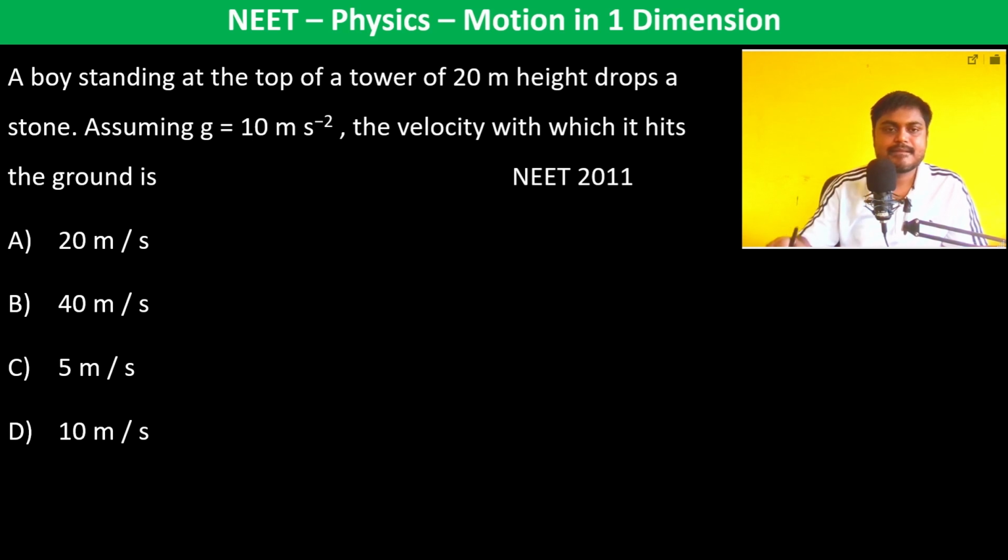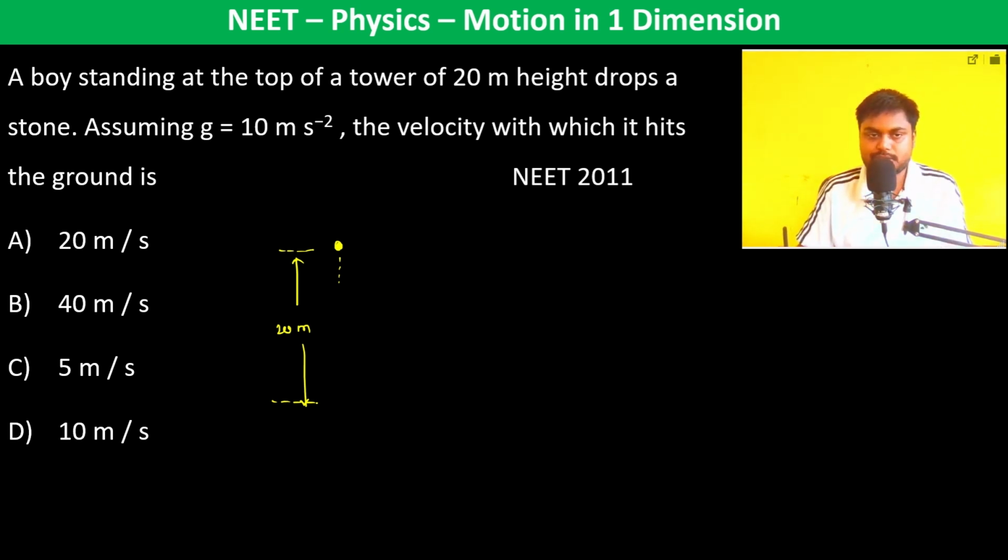Thank you. A boy standing at the top of a tower of height 20 meters drops a stone. The stone is going down. Assuming g equals 10 meter per second square, what is the velocity with which it hits the ground?